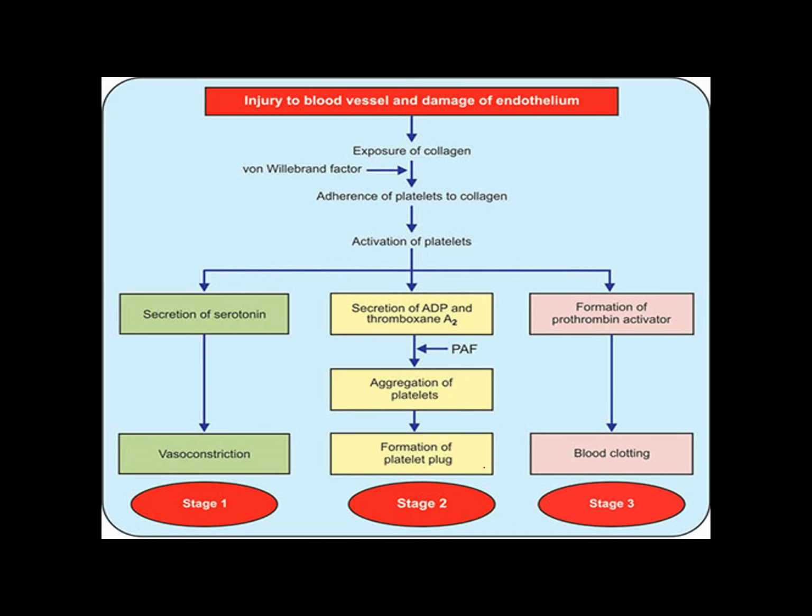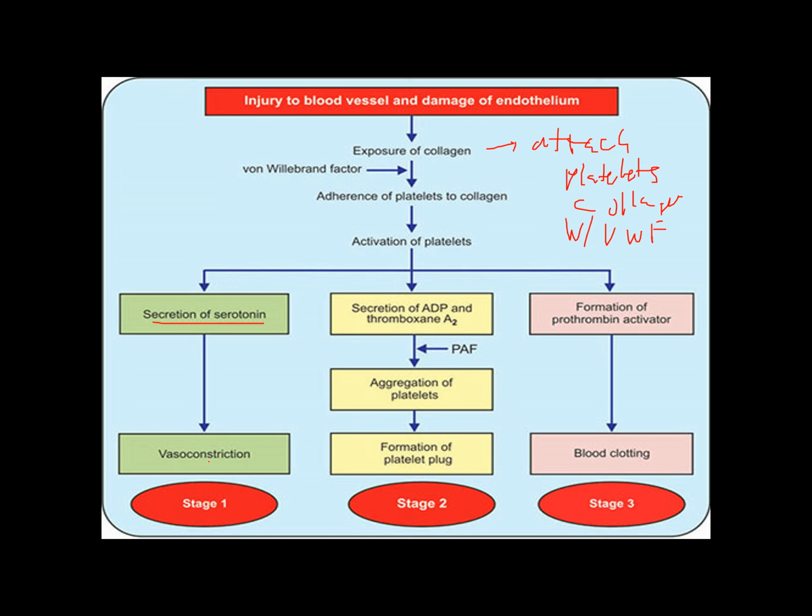With exposure of collagen, your platelets would attach to the collagen, along with von Willebrand factor. It would now lead to the activation of platelets, causing the production of different substances.